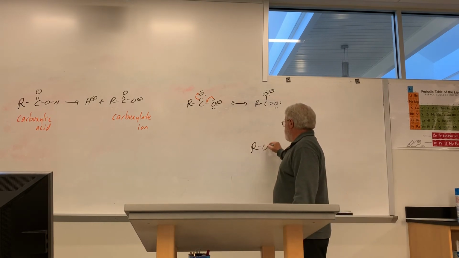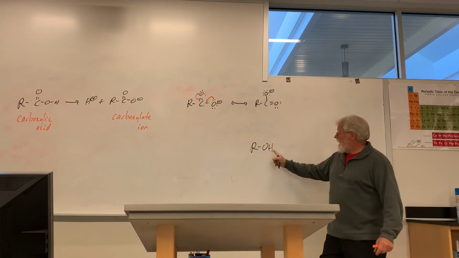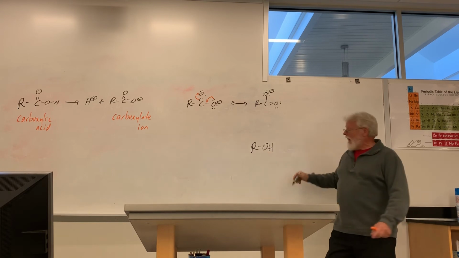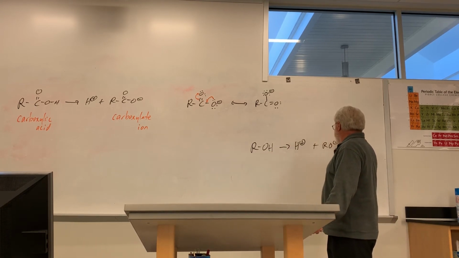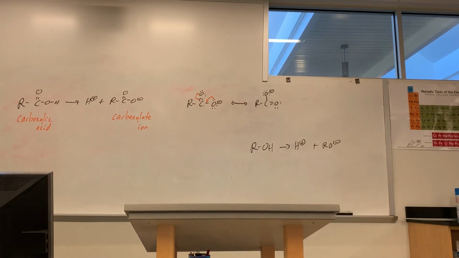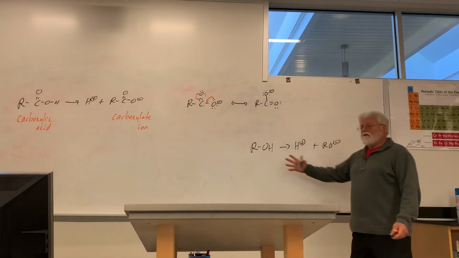Alcohols, for example. Because we have hydrogen bonded to a highly electronegative atom, they are reasonably acidic. They can donate a proton, and we're left with something called an alkoxide ion.